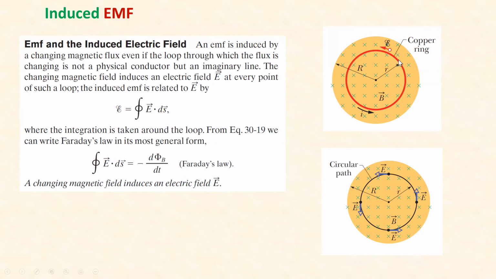For an ideal solenoid, we found that the magnetic field inside is mu naught n times I. Here n was the number of turns per unit length, and I was the current. Mu naught n I is the magnetic field.